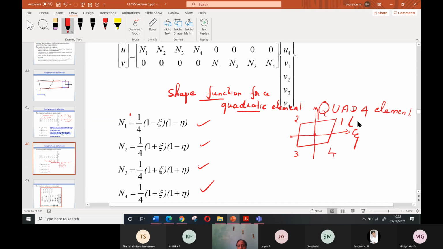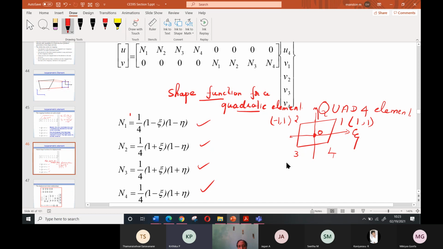Can you write the coordinates of this one? The natural coordinates, that is xi and eta. This is plus 1 comma 1. What about node 2? I want the answer from somebody. What is the coordinate of 2? Xi is in the negative direction, this is the origin, so this is negative xi: minus 1 comma 1.